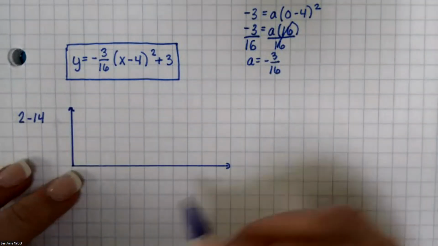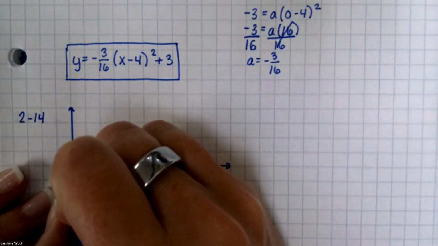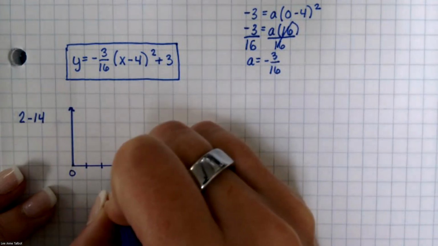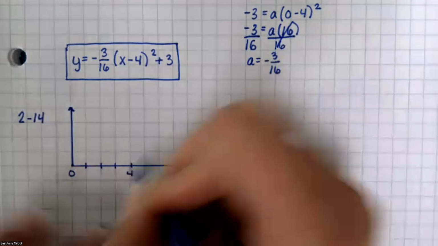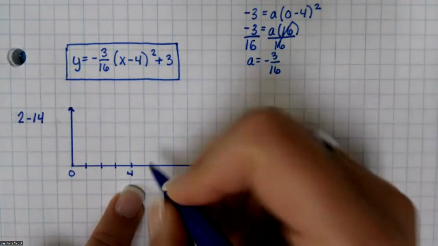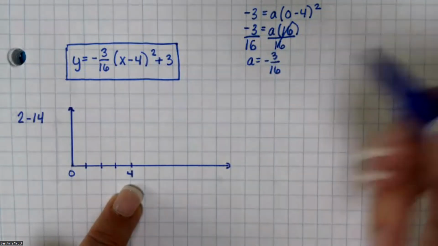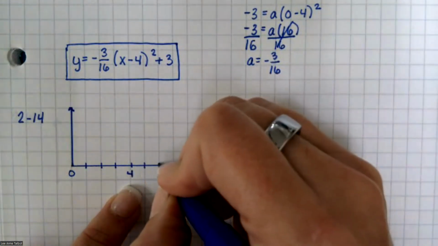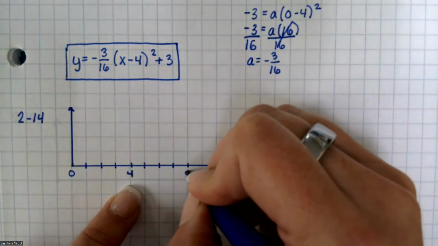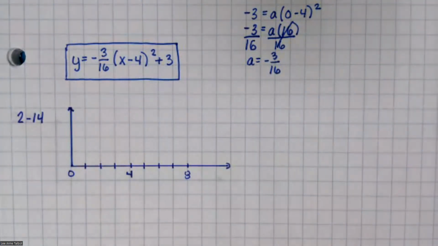So we want it to be the same width. This is still going to be 0. This is still going to be the vertex, the height of the maximum of his jump. And this is still going to be where he lands.